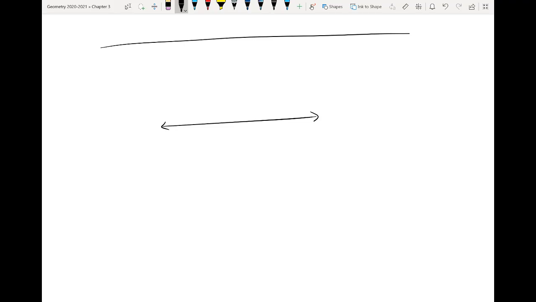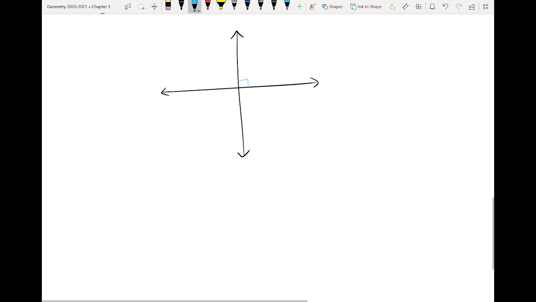Okay. And I have line L, and I have line J. And lines L and J are perpendicular.